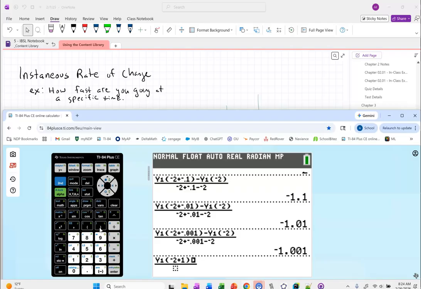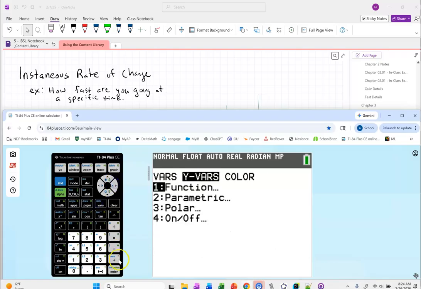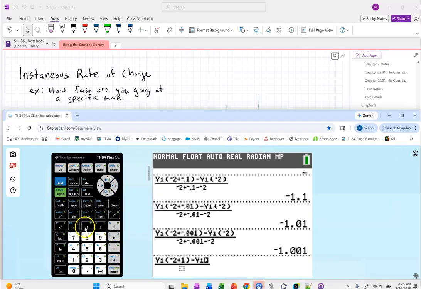That's my y of x plus h, because my h in this first case was 1. And then I'll have minus y1 of -2, over -2 plus 1, that's my x, minus -2, that's my other x.